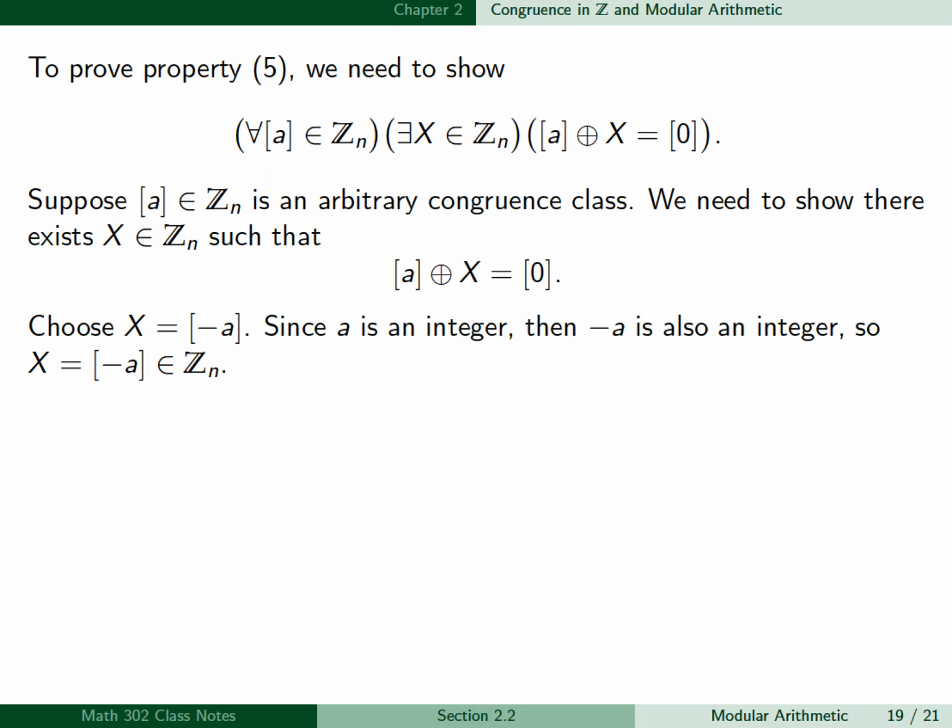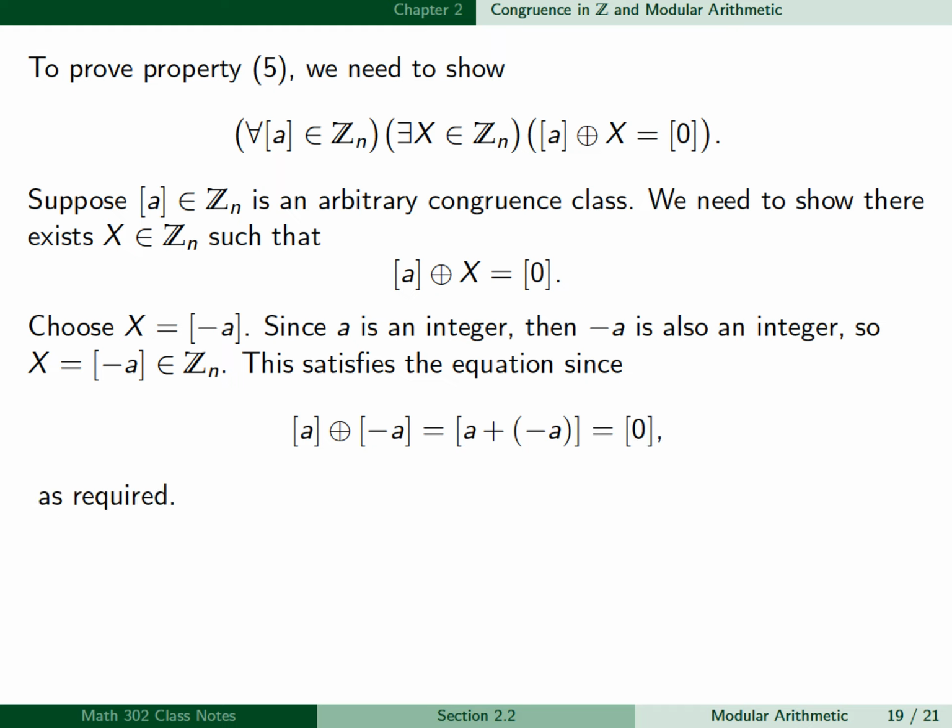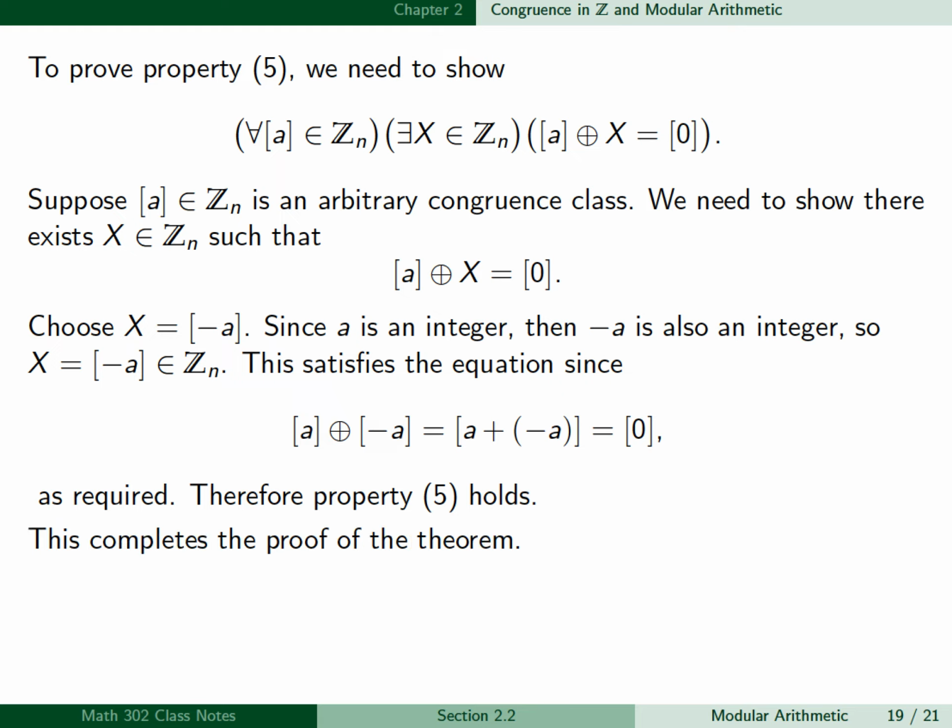Since a is an integer, minus a is also an integer, so x = [-a] belongs to Z sub n. And this satisfies the equation since [a] + [-a] = [a + (-a)], which is equal to [0] as required. And so property 5 holds.